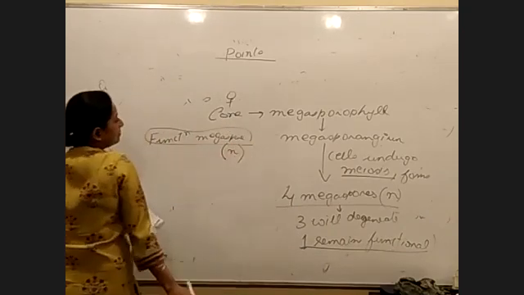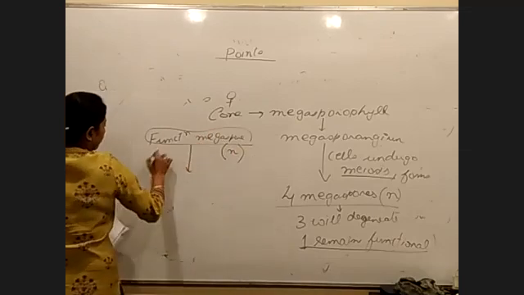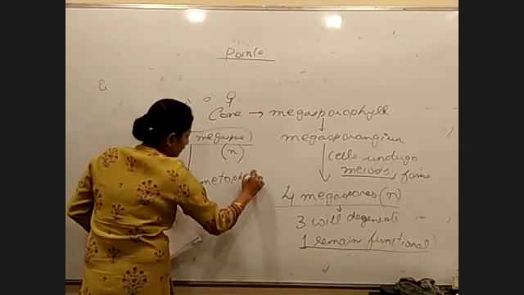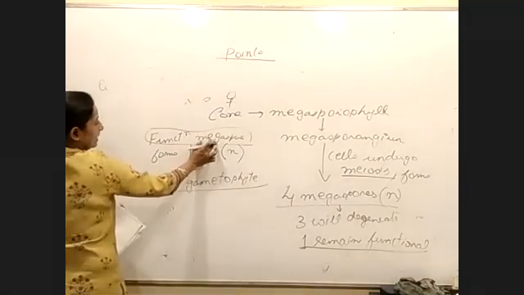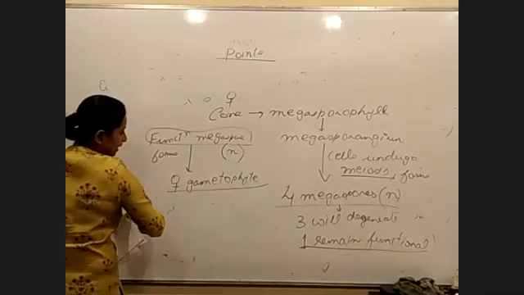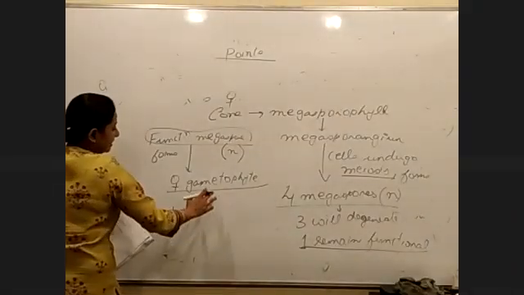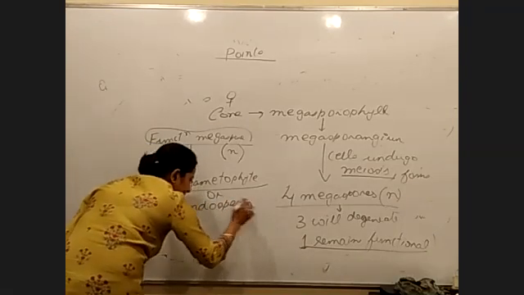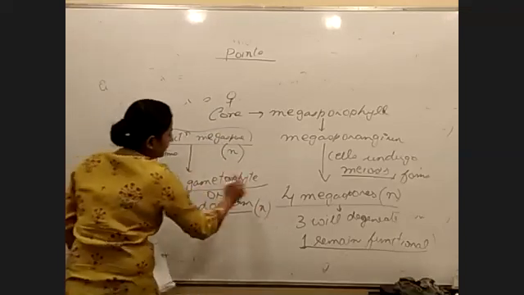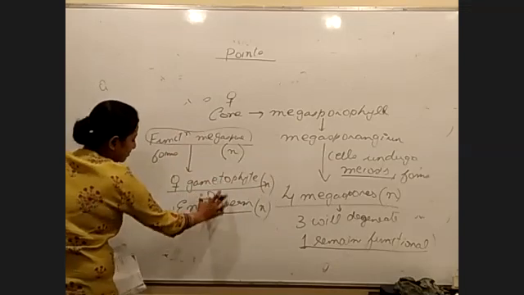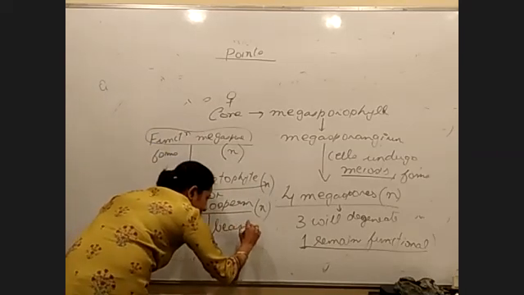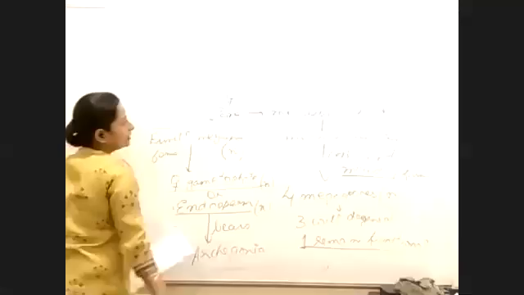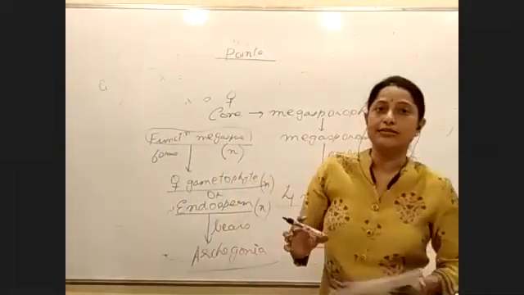The functional megaspore, what n megaspore will it form? It forms the female gametophyte. We have already studied this in the previous class. What do spores form? Spores always form the gametophyte. Megaspore means female spore, what will it form? Female gametophyte. The female gametophyte in case of gymnosperms is also called endosperm. We did this in the last class. The endosperm ploidy is n, the female gametophyte ploidy is n. Within the cells of the gametophyte, this gametophyte bears archegonia, because what should be in these tissues? Sex organs, since we are talking about the female part, we are talking about the egg.